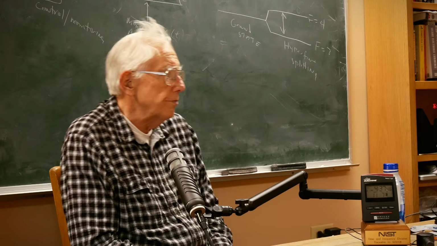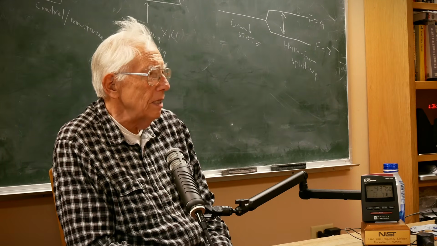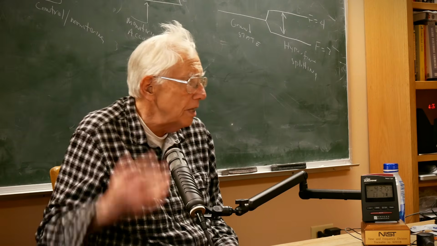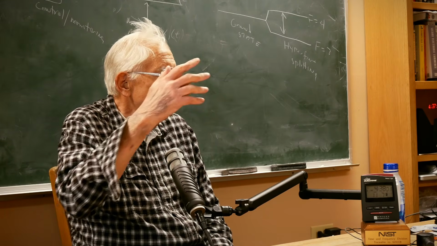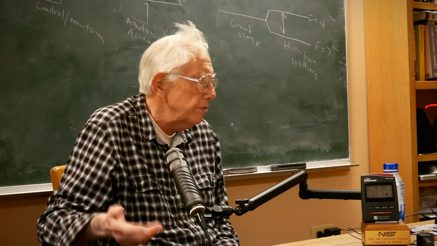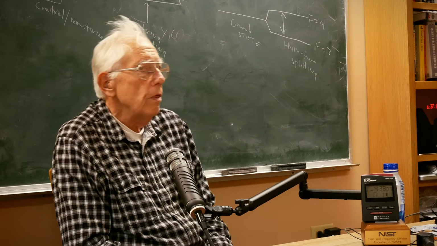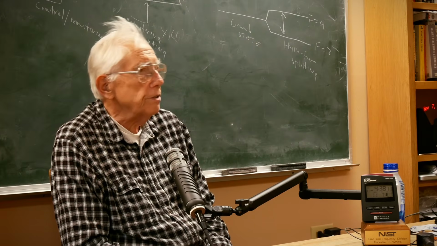The standard of length is defined in terms of frequency. The meter is the length that light travels in 1 over the speed of light seconds. That's the definition of the meter. The definition of the volt is based on the Josephson effect.